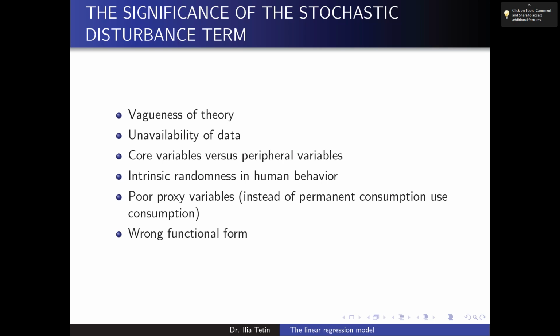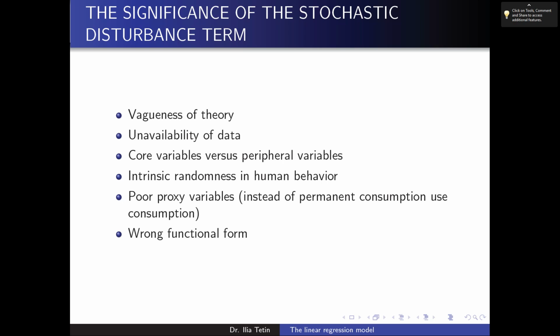We cannot avoid that; it is the intrinsic randomness of human behavior. Sometimes maybe those families in the sample know something about the future. For example, they expect to go on vacation out of the country, and they spend much more than they regularly spend. So we cannot know human behavior, and we are okay with that.